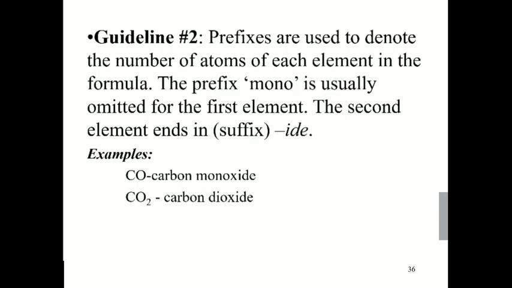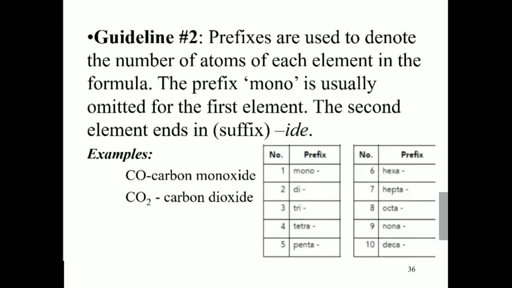Guideline number 2: prefixes are used to denote the number of atoms of each element in the formula. For the first element with no subscript, meaning 1, you don't need to use mono. For the second element, whether it has a visible subscript or none, even for 1, you always use a prefix.